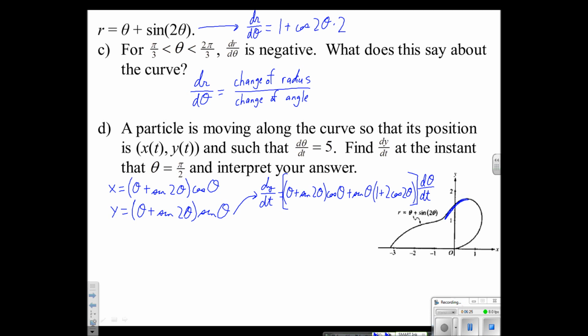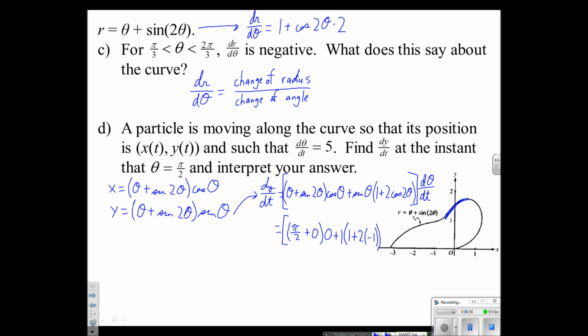Now, we are given pi over 2. That makes life nice because here theta is pi over 2, and this gives us the sine of pi, which is 0. Cosine of pi over 2 is 0. Sine of pi over 2 is 1. Cosine of pi is -1.